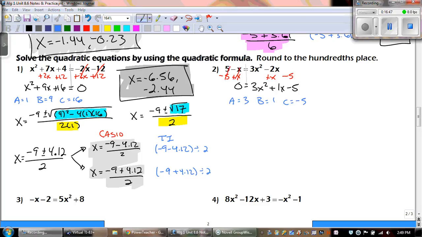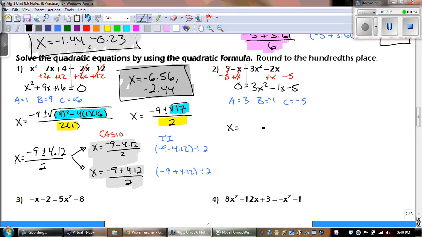Okay, you should have gotten that A equals 3, B equals 1. Oh, that's a -1. Sorry. And C equals -5. Okay, so quadratic formula.